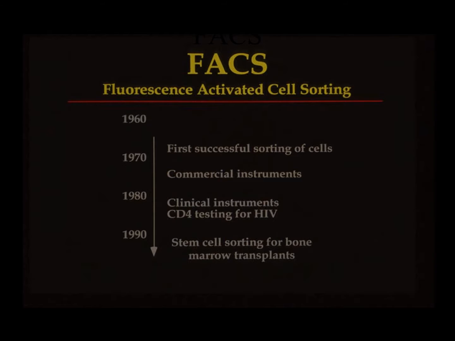Each of you knows of the totality of them, and many of you have had a contribution to making these applications work. You can see, I guess, stem cell sorting for bone marrow transplants came along in the early 90s, and I think that's a very important application as well.